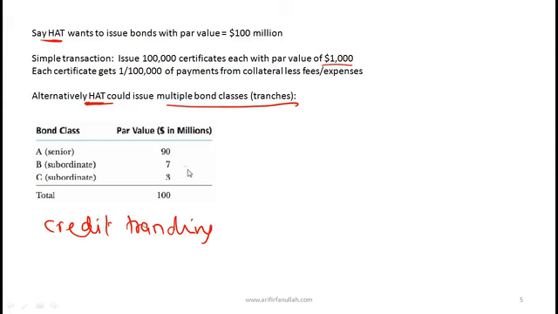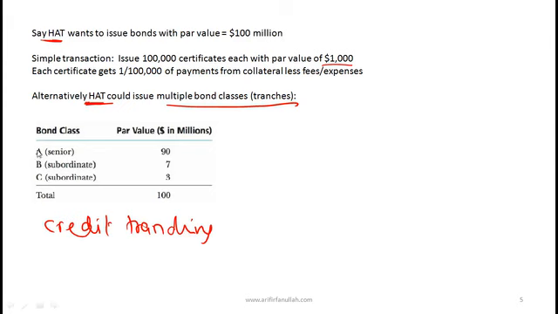Okay, so what have we done? We have done tranching to redistribute credit risk. How have we redistributed? By giving more risk to C and less risk to A. And what's the advantage of doing this? Yeah, so people who buy bond class C will obviously require a higher return.